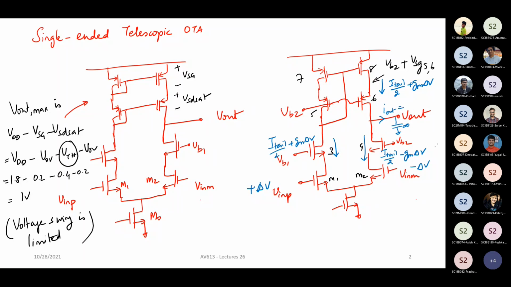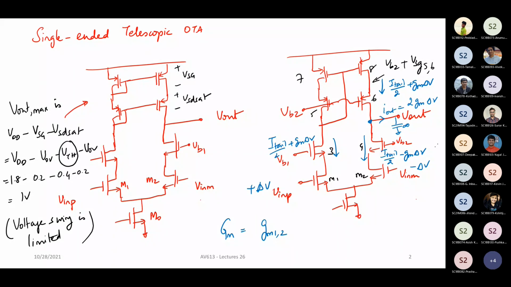What will be the total I out here? You do KCL at this node. You have incoming current, you have two outgoing currents, and therefore you'll have 2 times GM delta V, right? And therefore your effective transconductance turns out to be GM of 1,2.